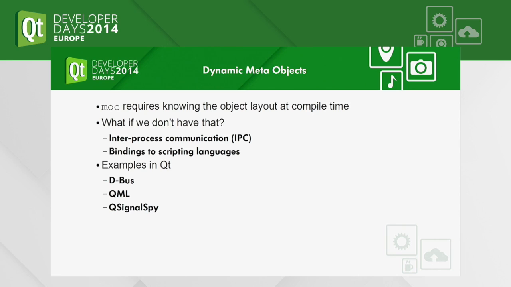Then we have a bunch of scripting languages or integration with scripting in Qt: QML, Qt Script, all the WebKit stuff. And there are somewhat less obvious use cases like QSignalSpy.